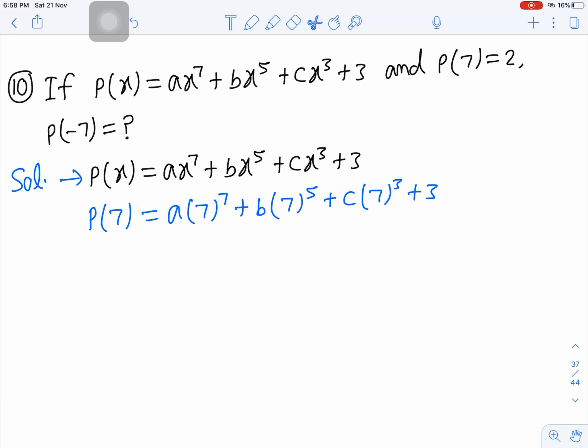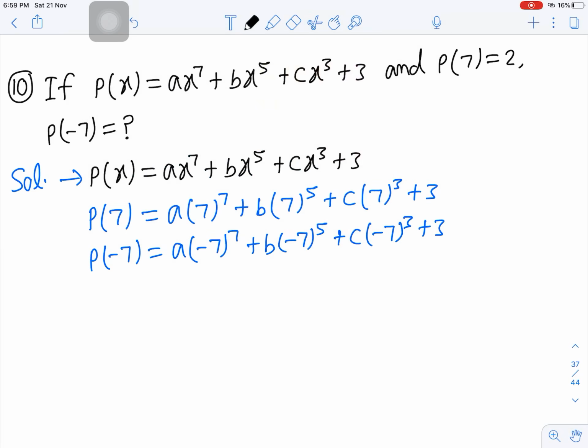Okay, then you can substitute x equal to minus 7. If you substitute x equal to minus 7, then you will get a into minus 7 to power 7 plus b into minus 7 to power 5 plus c into minus 7 to power 3 plus 3.